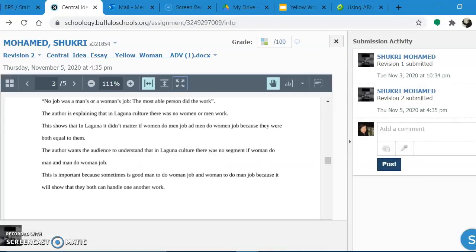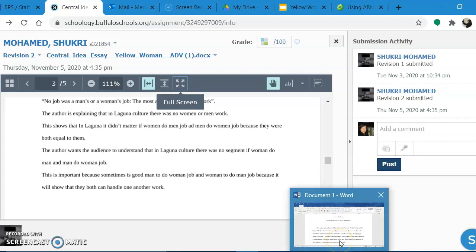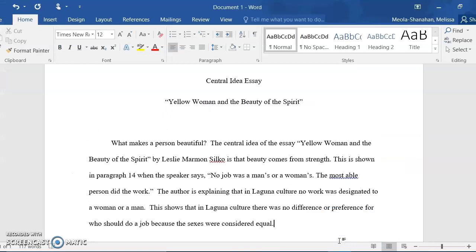Okay. The author wants the audience to understand that in Laguna culture, there was no segment if women do men's job and men do women's job. Okay, and I'm going to put the word discrimination instead of segment.